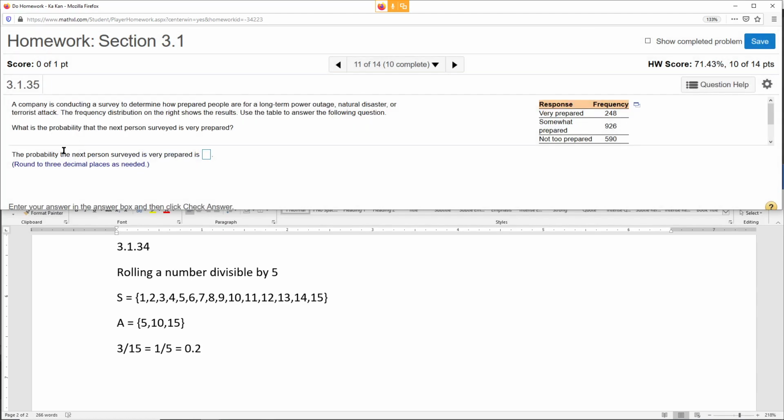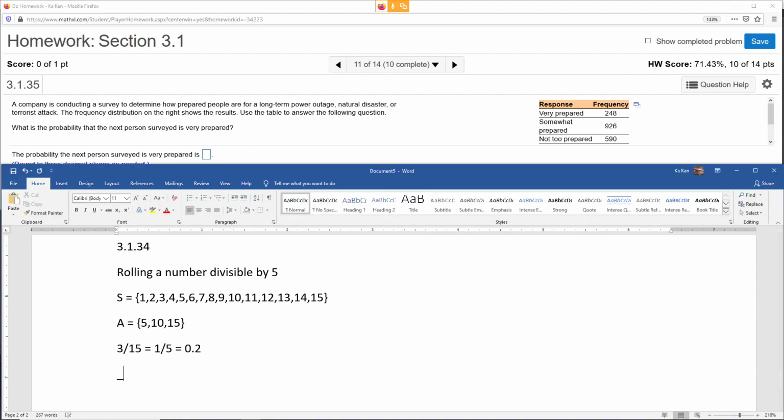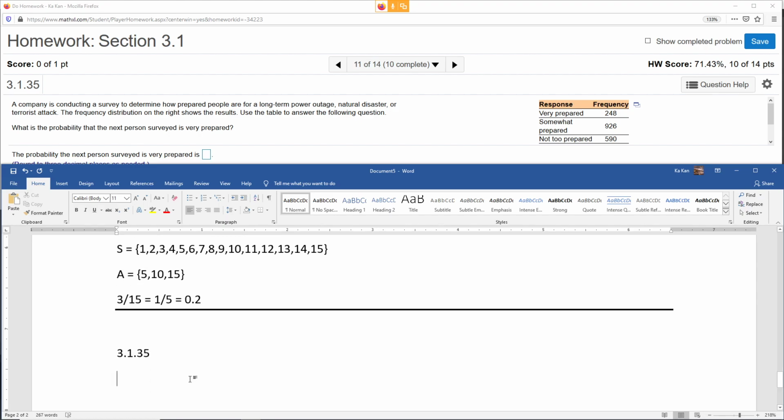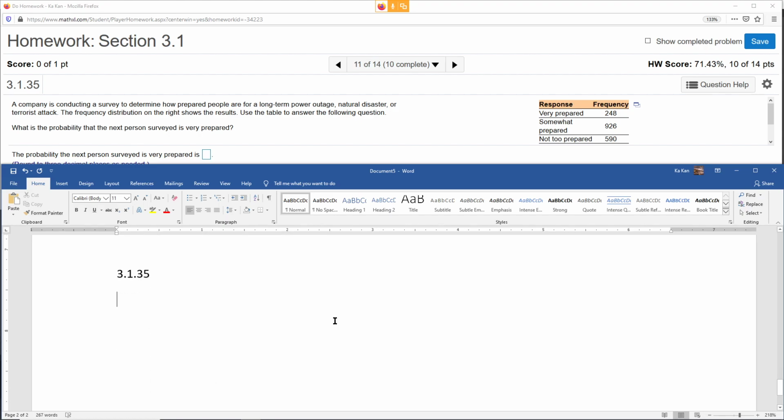Just like that. So now the next one: if you look at the table, a company is determining how prepared people are for a long-term power outage, natural disaster, or terrorist attack. The frequency distribution, remember the frequency table we did in the last chapter? Basically it's asking what is the probability that the next person surveyed is very prepared.